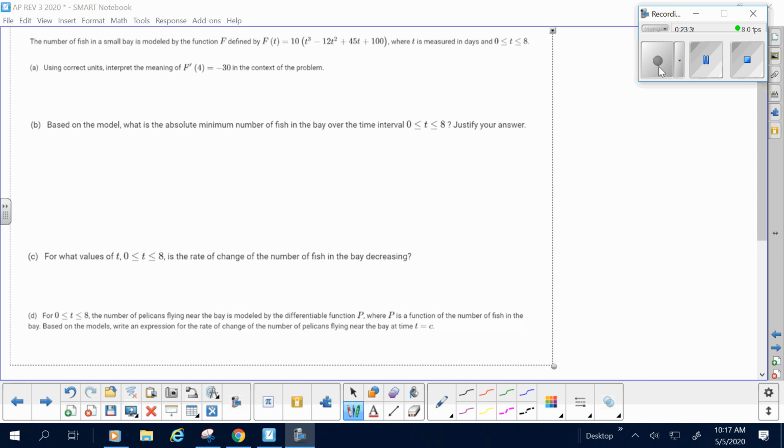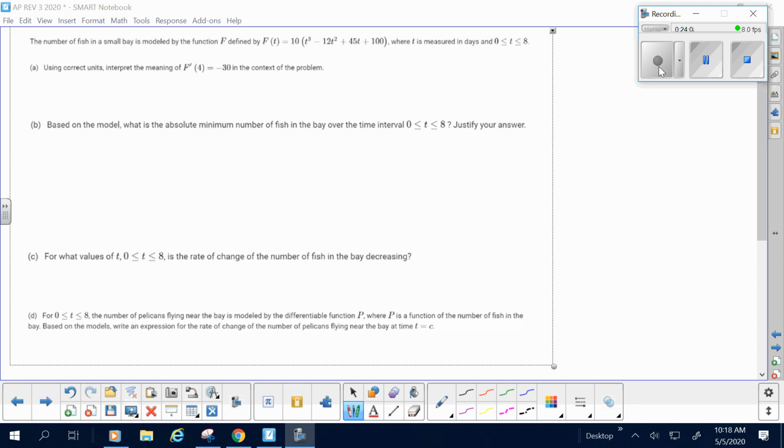The number of fish. Read the problem very carefully first. Don't be in a rush. I know it's going to feel like that ticking clock on the AP test means you've got to go, go, go. But it'll all be wasted time if you don't know what the problem's about. So read carefully, please. The number of fish in a small bay is modeled by this function F, 10 times this cubic function, where t is measured in days from day 0 to day 8.